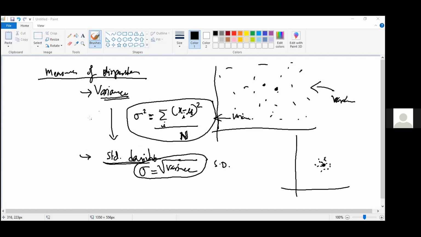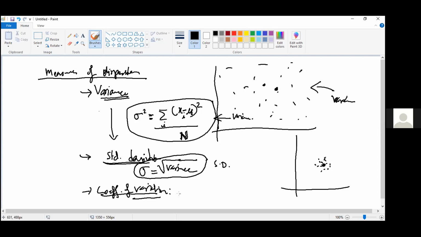Okay, so we have variance, we have standard deviation. What is the other measure of dispersion that we have? Then we have coefficient of variation, right? Now, what does coefficient of variation mean?